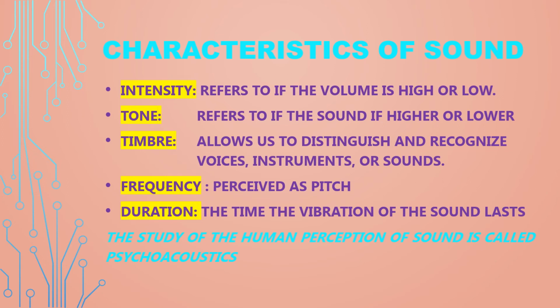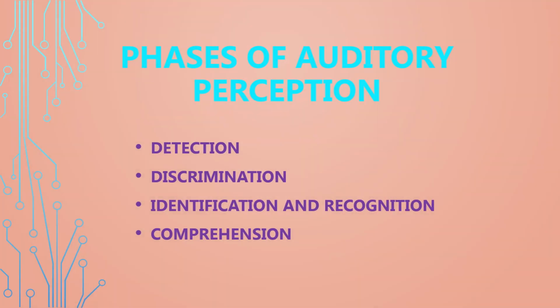Then what is psychoacoustics? It is the study of the human perception of sound. Phases of auditory perception. The stimulus, that is a sound wave, enters the ear. From there, the nerve stimulus reaches the brain, and there the perception happens.